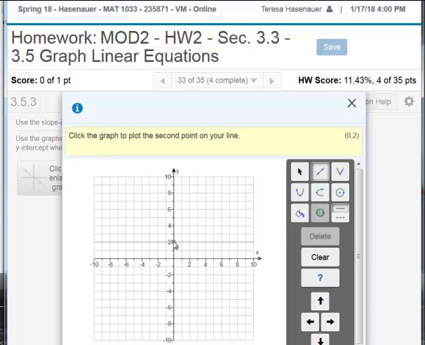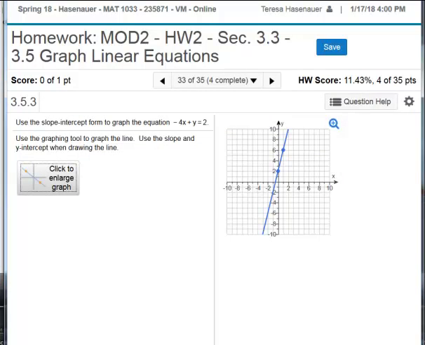Now we're going to count. Our slope is 4, so to make it like a fraction, 4 over 1. So we're going to go up 4 from the 2. So 1, 2, 3, 4, over 1, click, connect your line, save, and check.